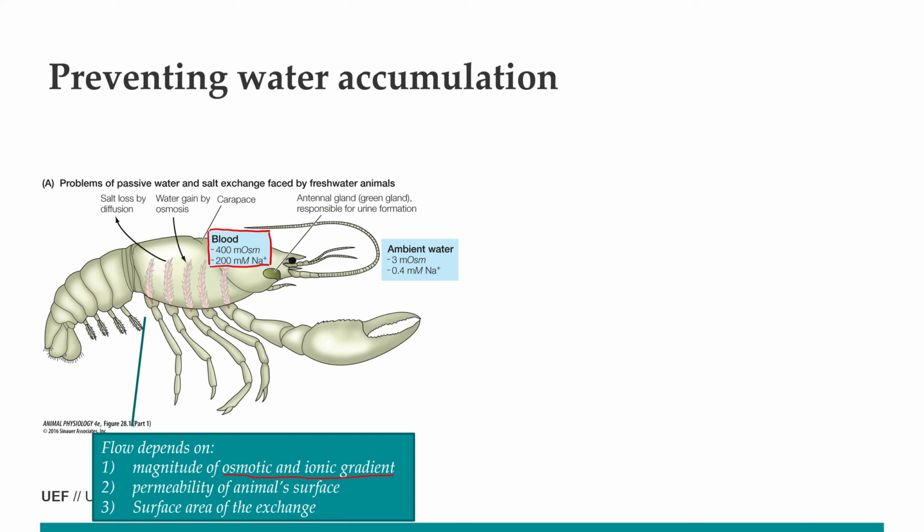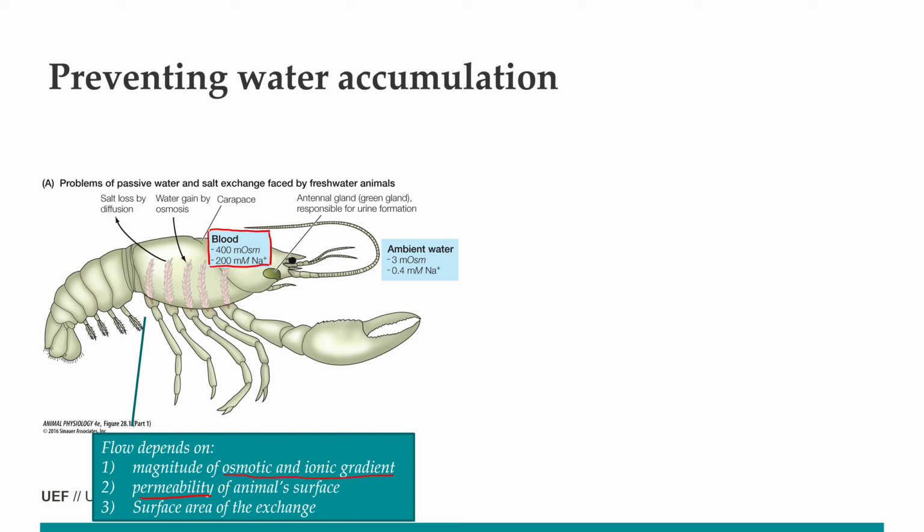And from that, we get to the second term of the flow rate, the permeability. So if there is no sodium road, then you can keep the sodium inside your cells. So the permeability of the animal surface is very important. And of course, then the surface area of the exchange.